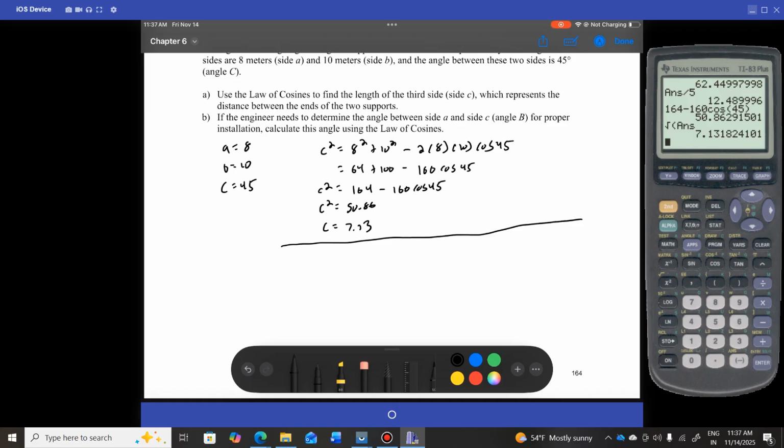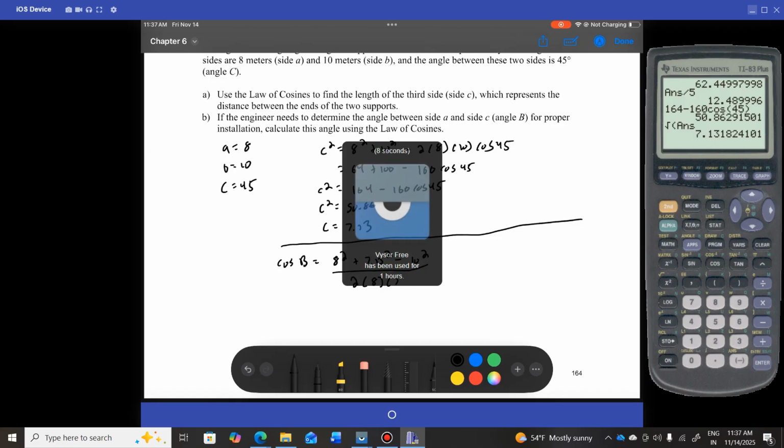But cosine B is going to be A squared plus C squared, which is 7.13 squared, minus B, which is 10 squared, over 2 times 8 times 7.13.